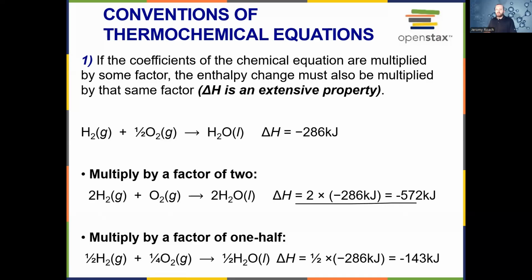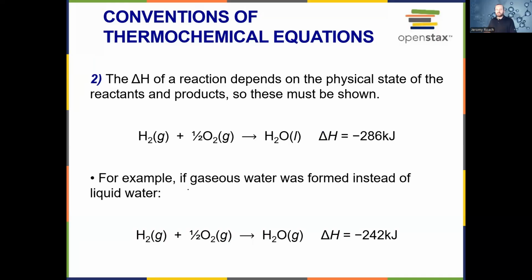If we multiply by 1/2, we get 1/2 the change in enthalpy. The change in enthalpy of a reaction depends on the physical state of the reactants and the product. So again, we have to show if it's gas, solid, liquid, or an aqueous solution.